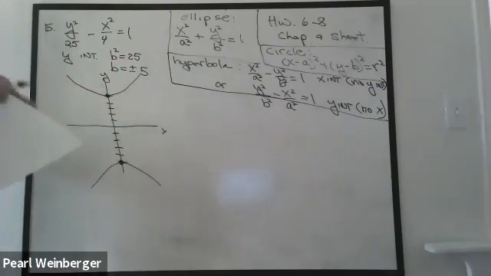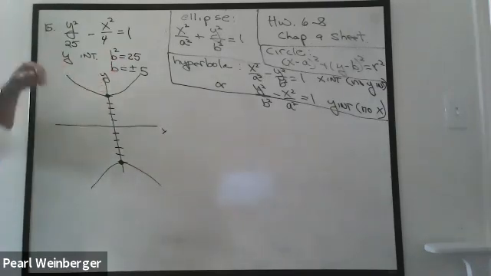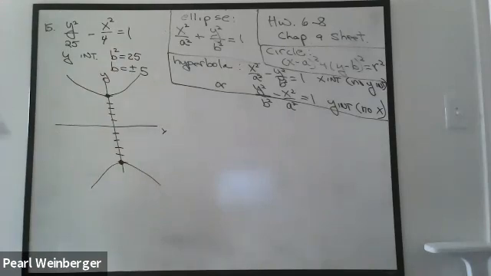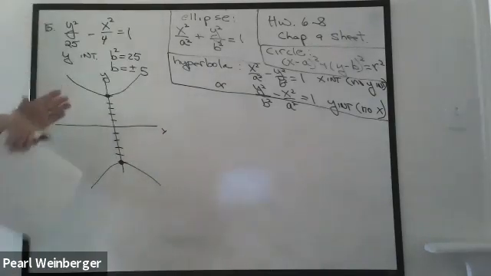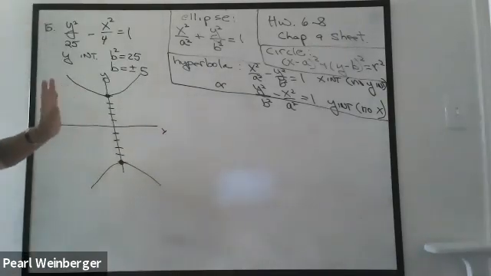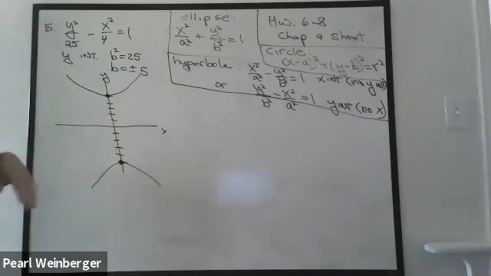Sometimes the U's are narrower, sometimes they're wider. How you figure that out is beyond the scope of this course. There are ways of figuring out whether you should make it a wide U or a narrow U, but that is not something that you have to know how to do at this point.